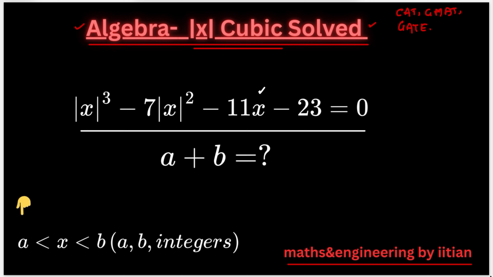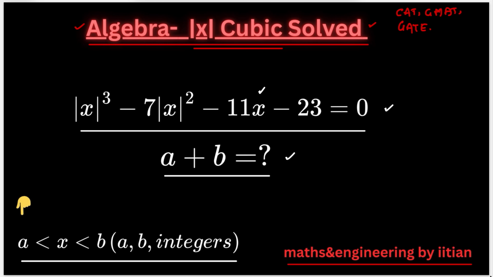We have to solve this equation keeping in mind that a and b are integers where a is less than x is less than b, and we have to find the value of a plus b. This is a very good practice example. This type of 2-3 concepts being clubbed together is given in the examination, which tests your knowledge in quantitative aptitude.